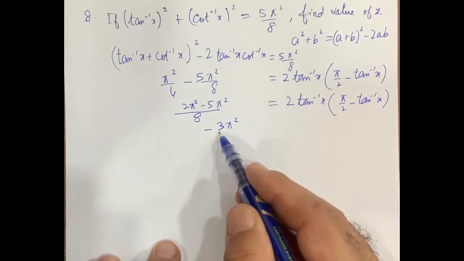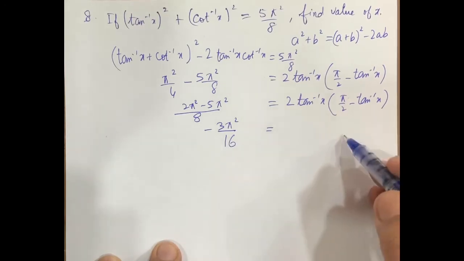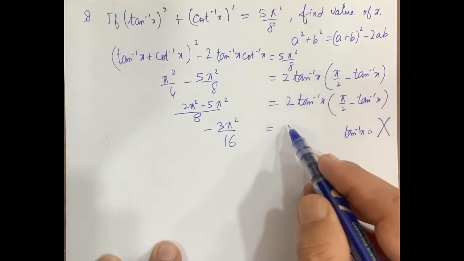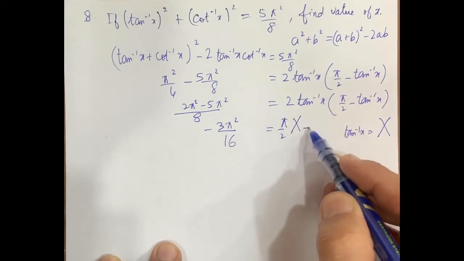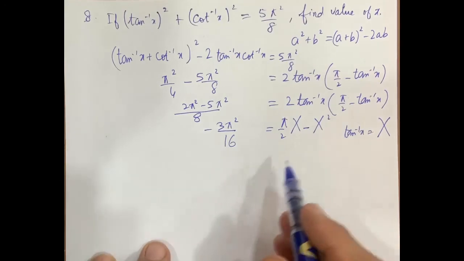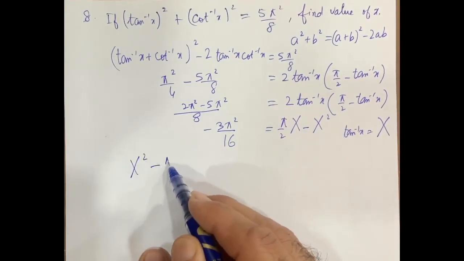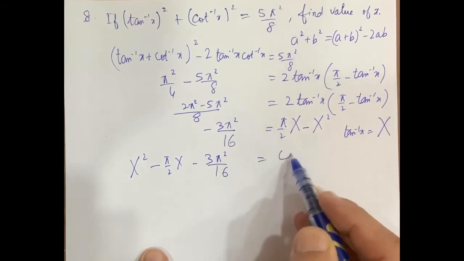Bringing this 2 to the left hand side, 8 into 2 is 16. Put tan inverse of x as, say, capital X. So this is pi by 2 into X minus X square. Shifting all the terms to the left hand side, X square minus pi by 2 X minus 3 pi square by 16 equals 0.